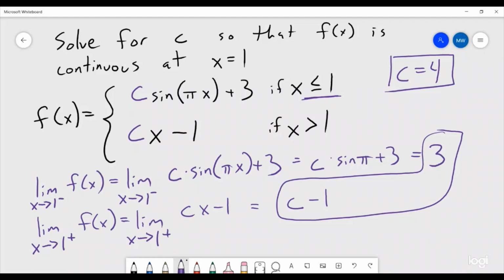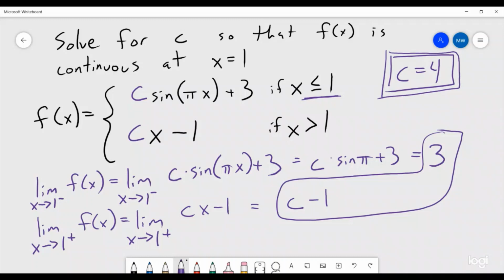If we plug in x equals 1, it does turn out to be 3. So c equaling 4 is actually our solution for this particular problem.